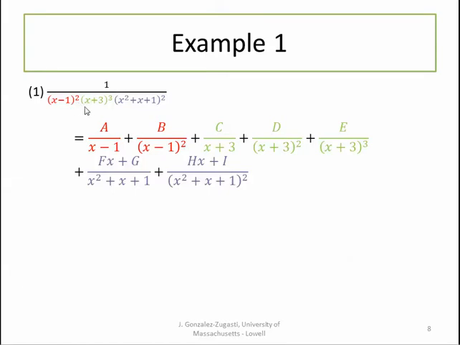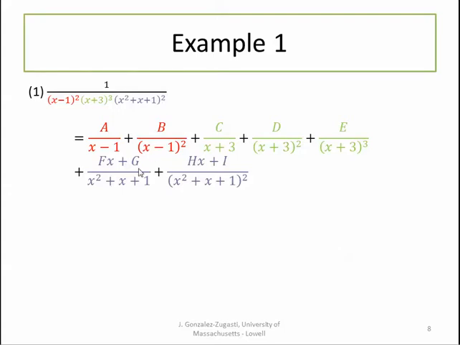Now I'm going to add on terms for the x plus 3. So here are my 3 distinct constants in my numerator, and on the bottom I have x plus 3, x plus 3 squared, x plus 3 cubed, and I stop here because now the power matches the power here. Now for this last term, that's an irreducible quadratic factor, and it's raised to the power 2.